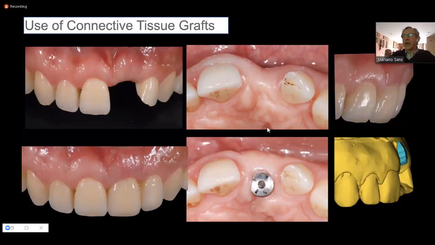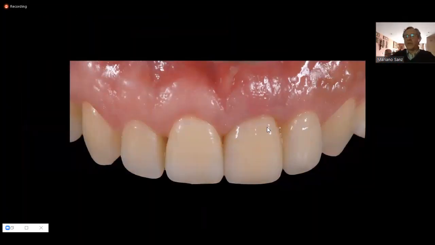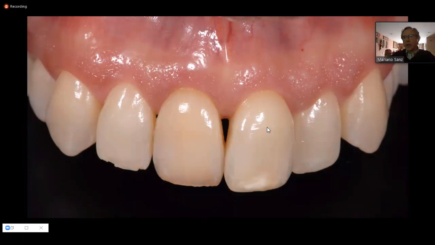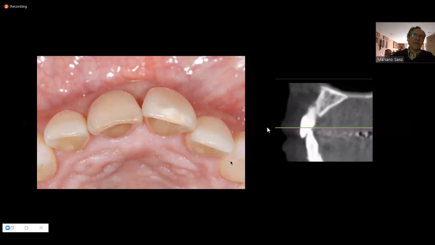So we need a graft that will maintain the thickness, will maintain the space to develop from a concavity to a convexity that will improve the emergence profile of our implant restorations. Can we, in the same manner, substitute these connective tissue grafts with collagen matrices?